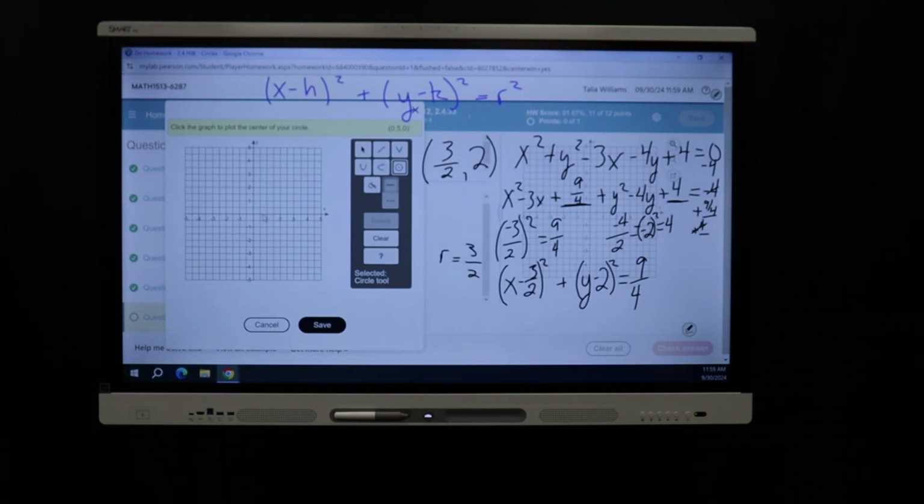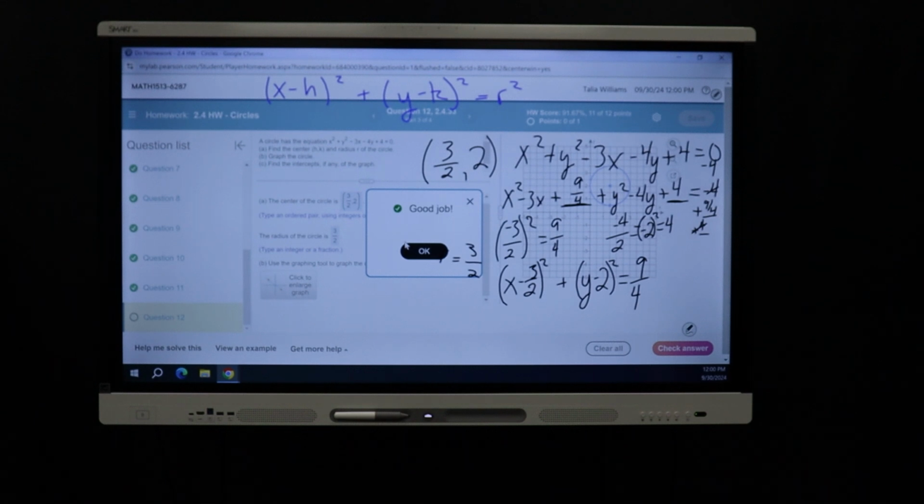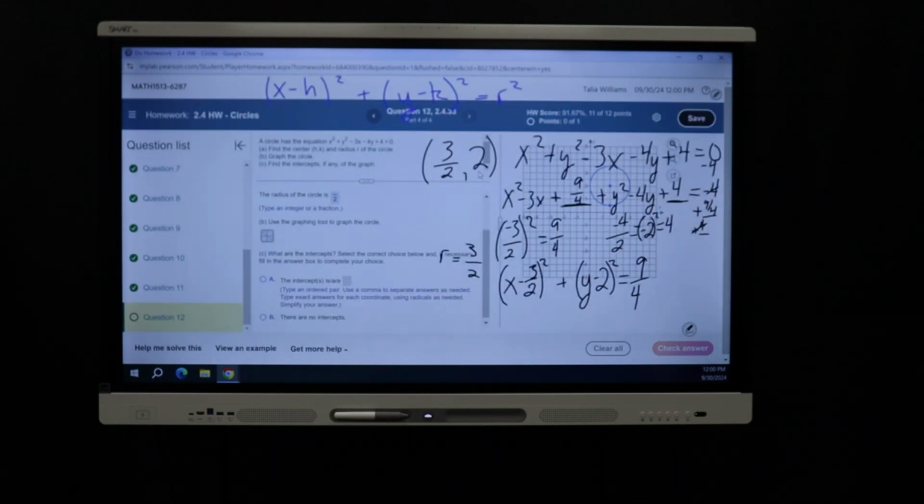So they're gonna have this one in decimals, so 1.5, and then be sure you go all the way up to 2 and not just 1 since they're going by halves. And then since it is 3/2, you're gonna have 1/2, 2/2, 3/2. So check. But our intercepts, oh man.